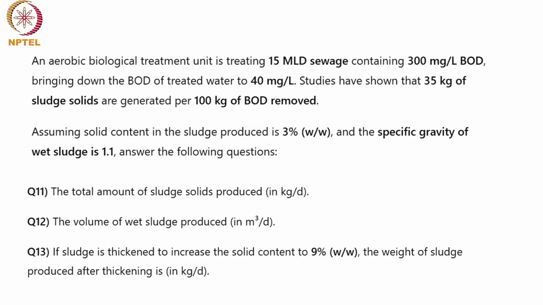Yeah, 3900 kg. So from this we have to find mass of sludge generated, sludge solids, equal to 3900, which is your BOD removed, into 35 divided by 100, because for removing 100 kg of BOD you get sludge solids of 35 kg.